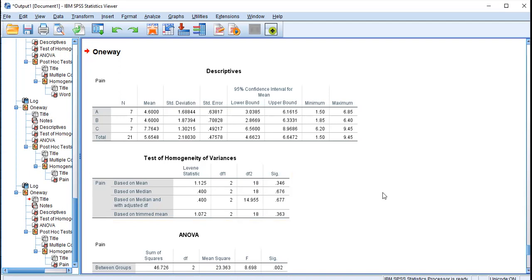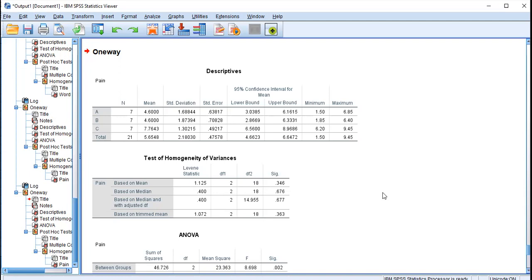Therefore, we assume equality of variance at an F value of 1.125 and significance of 0.346. So there is no significant difference as far as the variance in the population of the three categories of patients is concerned and the drug given to them. So that's the answer to part C.